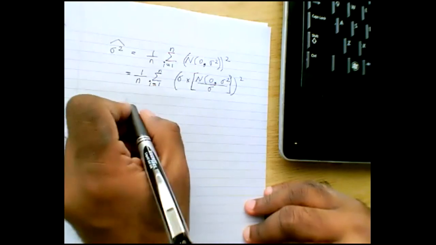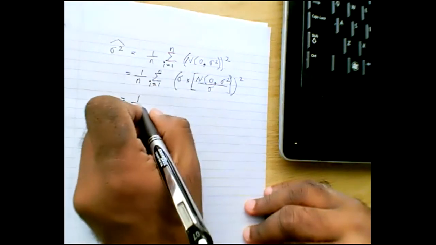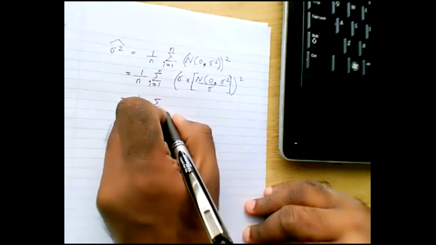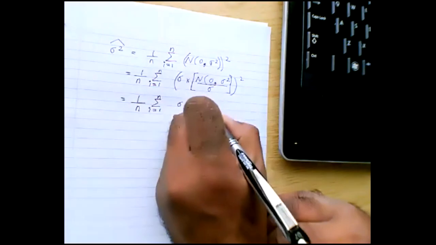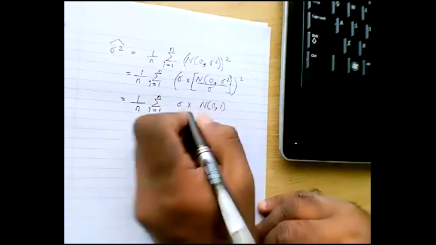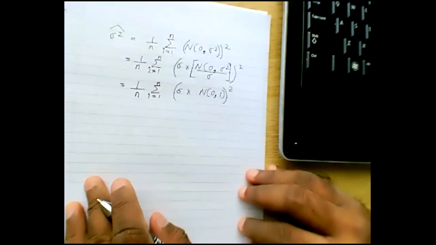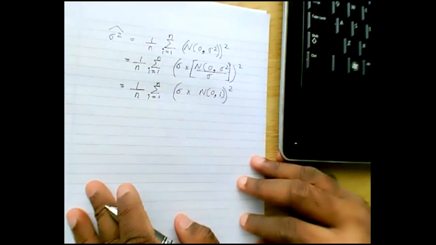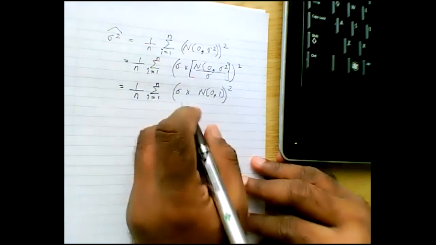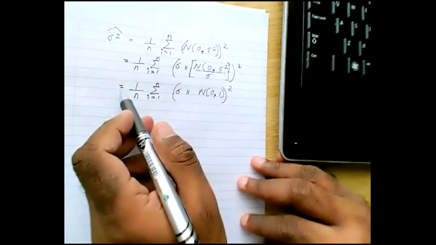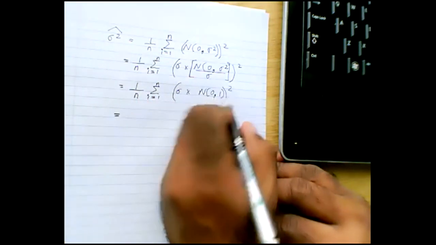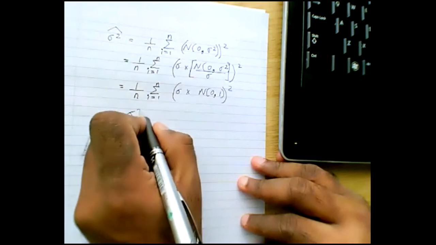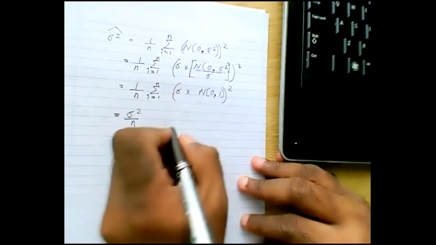Okay, so you have 1 over n, sigma times the standard normal variable to the power 2. Are you guys with me so far? Let me know. Now sigma, you can pull it outside, because you have a 2 outside, so it becomes sigma squared divided by n.